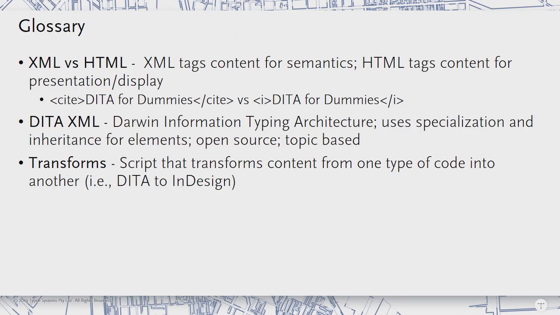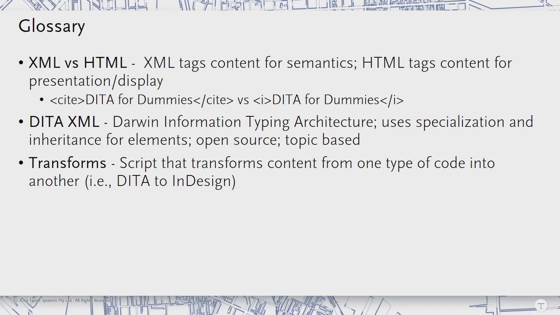So I like to start out with a little bit of a glossary. So HTML versus XML. HTML, of course, is where you tag content for presentation or display. So like bold, italic, centered, left aligned, whatever. So you don't really know what the content is, you just know what it looks like. But XML, on the other hand, lets you actually tag for semantics or what the content is.